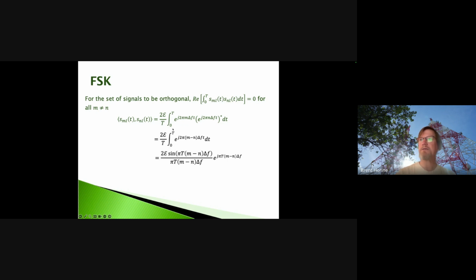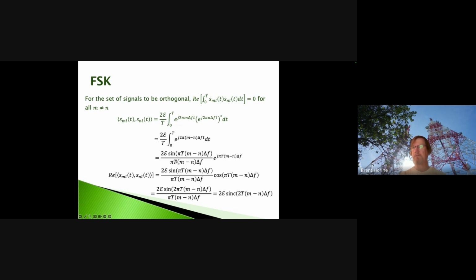This is 0 to t, and 0 elsewhere, so it's finite, but this has a magnitude of 1, so that's why we end up with this form when we integrate it. Then we can take the real part of this, and this complex exponential turns into a cosine. All right, so lots of math there.